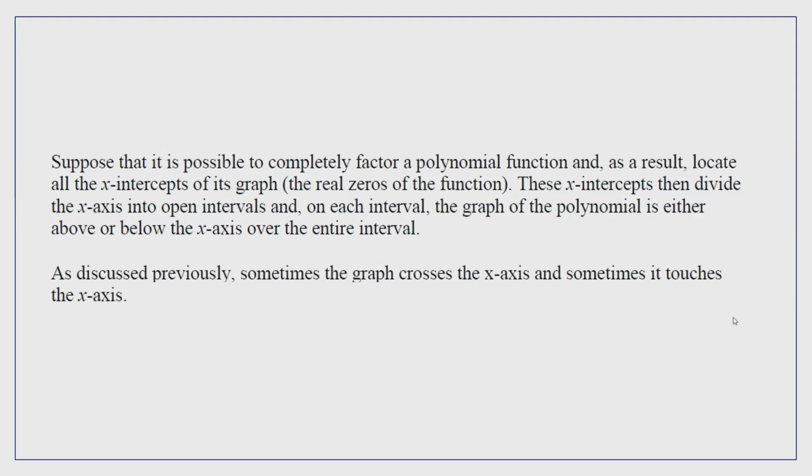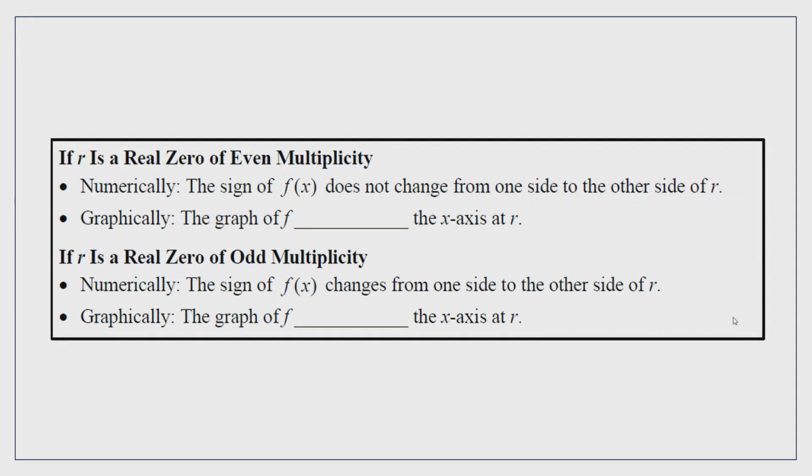As discussed previously, sometimes the graph crosses the x-axis and sometimes it touches the x-axis. If r is a real zero of even multiplicity, numerically, the sign of f of x does not change from one side to the other side of r.